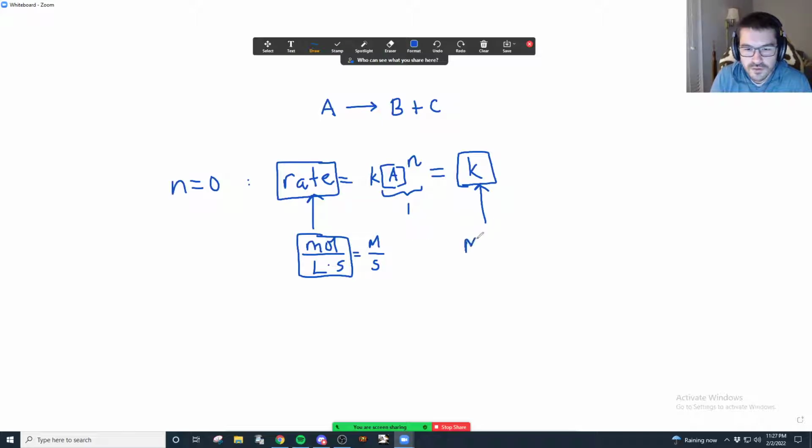So for a 0th order reaction with only one reactant, a real simple reaction like A decomposes into B plus C, the units of K have to be the same units as just the rate. So these would be the units of K, moles per liter per second.